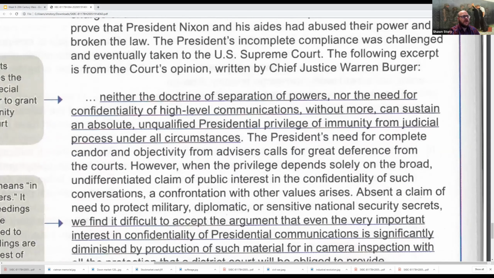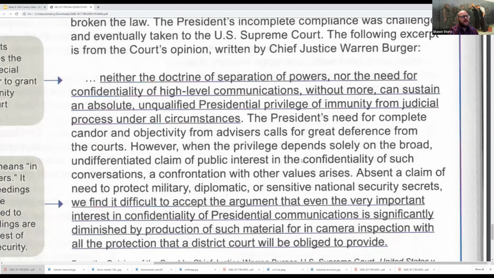Neither the doctrine of separation of powers nor the need for confidentiality of high-level communications without more can sustain an absolute, unqualified presidential privilege of immunity from judicial process under all circumstances. The president's need for complete candor and objectivity from advisors calls for great deference from the courts.